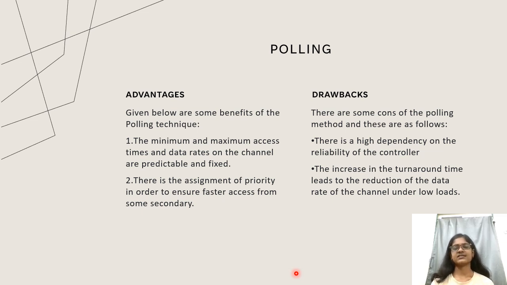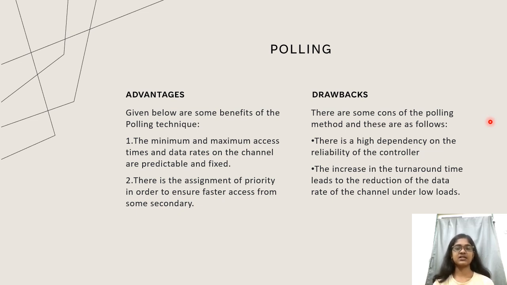But polling has its downsides too. The main drawback is that it relies heavily on the primary device or the primary controller. So if the primary device has any problem, then the whole network could be affected. Also, polling can slow things down when there is very little data to send.